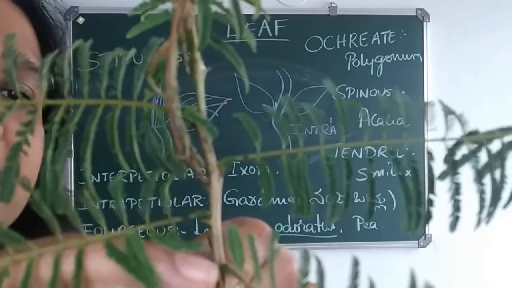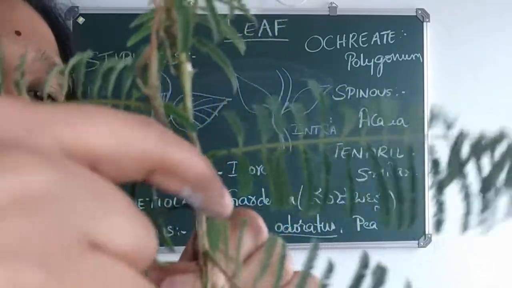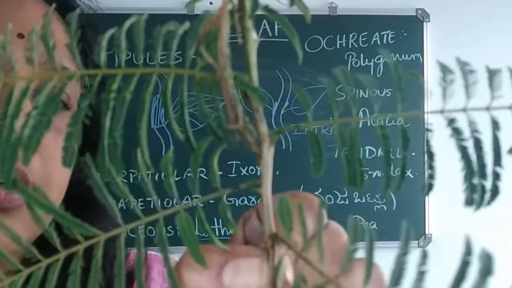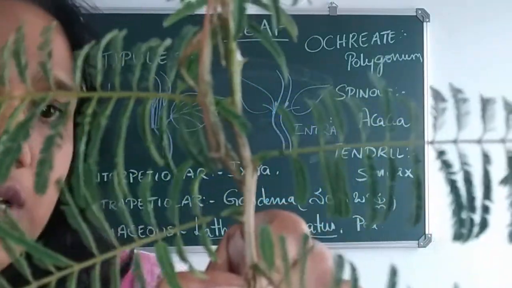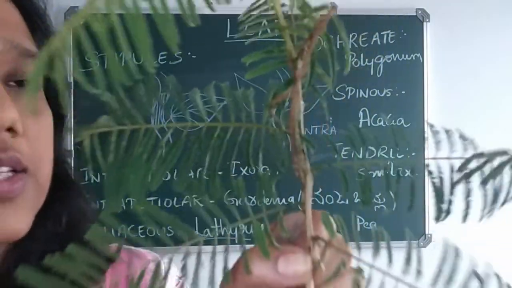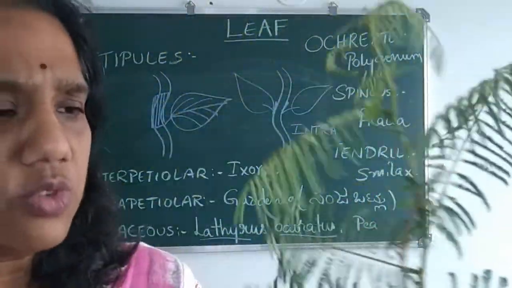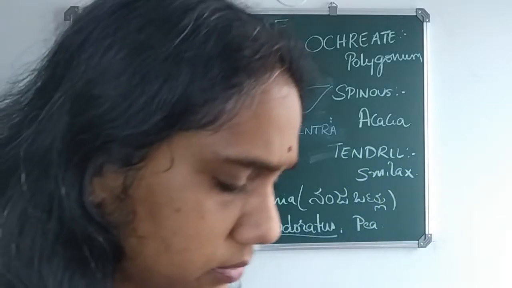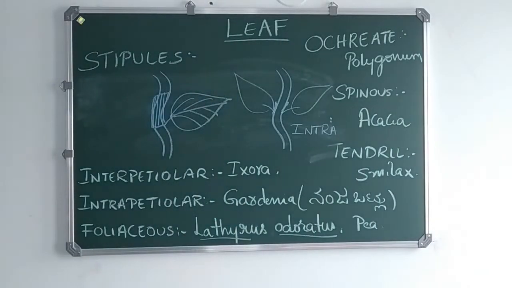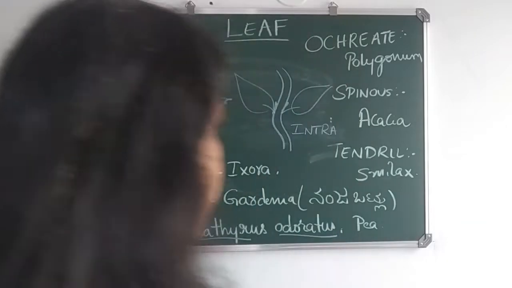So this is called the spinous stipule. This is a modification. This is actually an acacia tree, which is present almost everywhere in Bengaluru. So that is about the acacia.